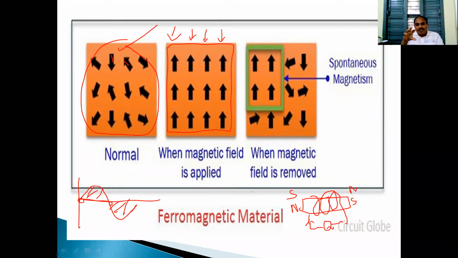For that purpose, some power is wasted. There is some friction between the molecules. That friction is converted into heat, and that heat is the loss. So that is called hysteresis loss.